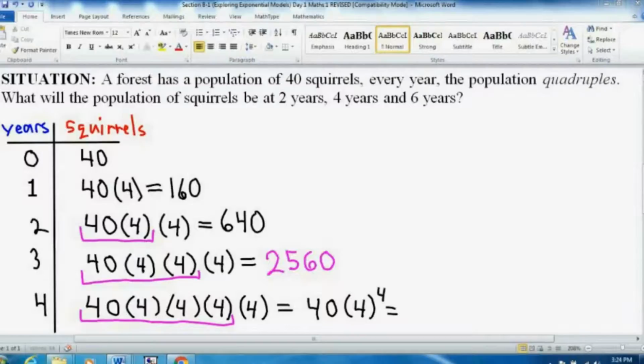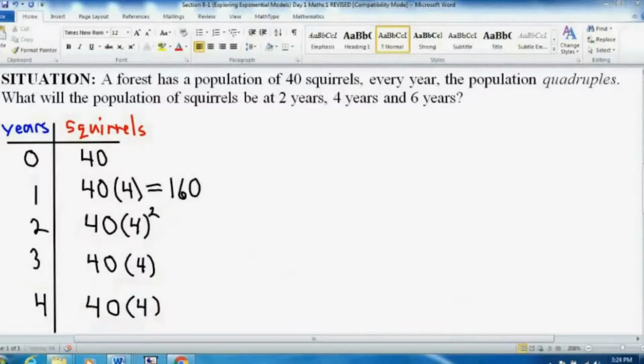This allows us to simplify our expression of the squirrel population at year 4 in terms of an exponential expression. So our squirrel population will be 10,240 in 4 years.